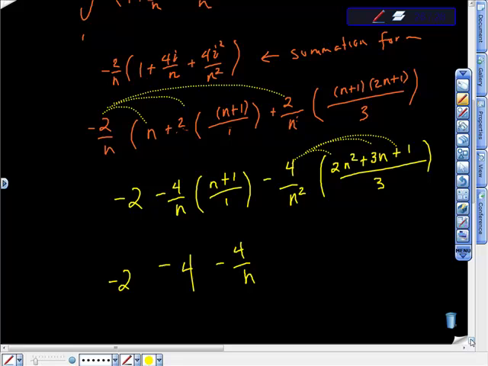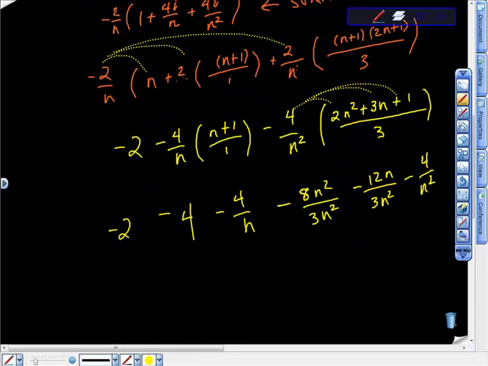Negative 8n squared over 3n squared, minus 12n over 3n squared, minus 4 over n squared. Holy crap, that's a mess, isn't it?